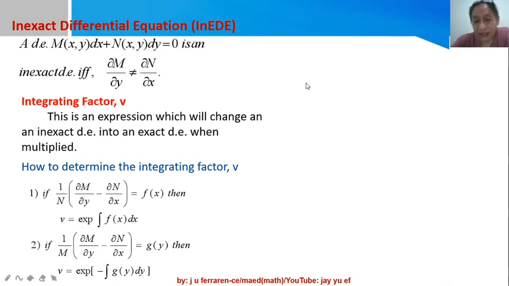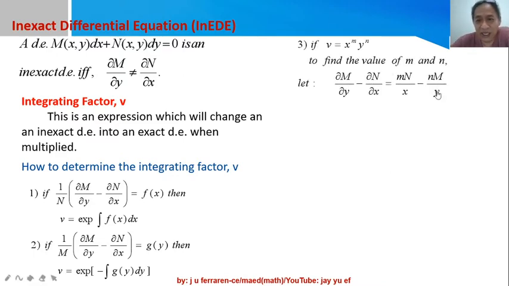Now, the third case is when your IF is not purely x nor purely y, but a product of x and y. When you have an IF which is a product of x to an unknown exponent m, and y to an unknown power n, then we have to solve for m and n using this equation below.